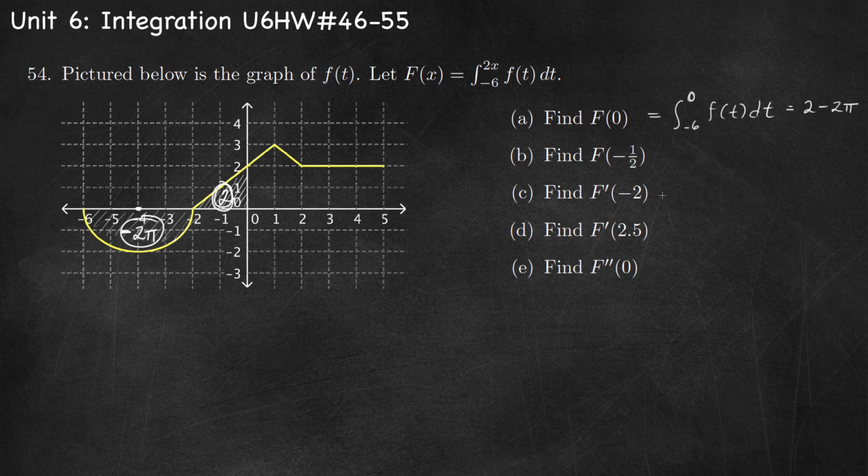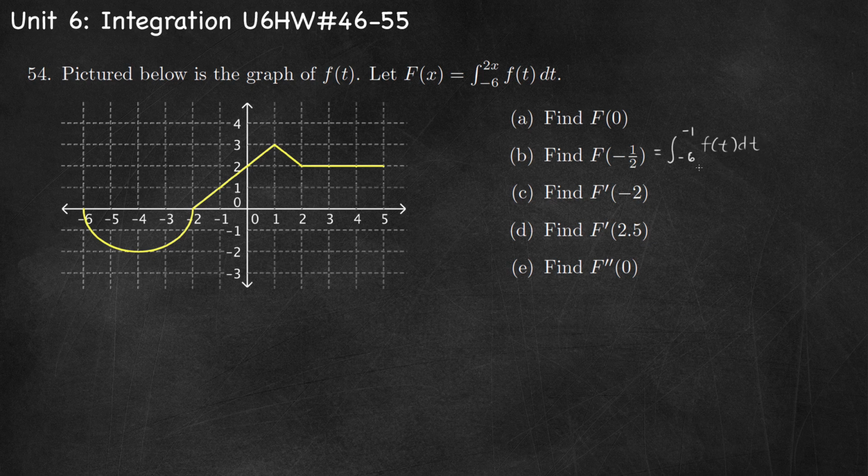Now f of -1/2. For f of -1/2, we need the integral from -6 to 2 times -1/2. 2 times -1/2 is -1, so we're going to integrate from -6 to -1, little f of t dt.